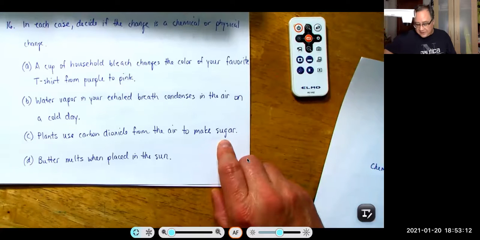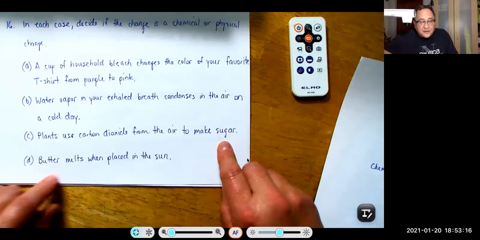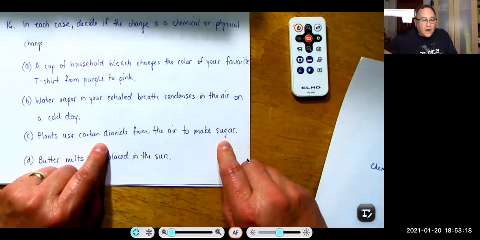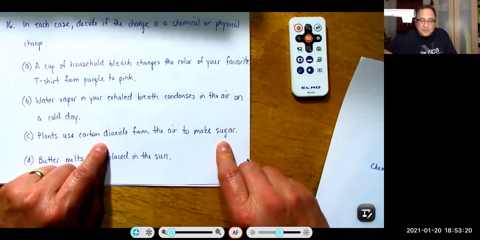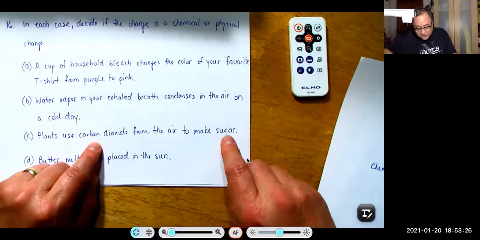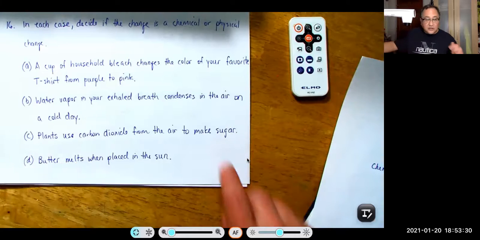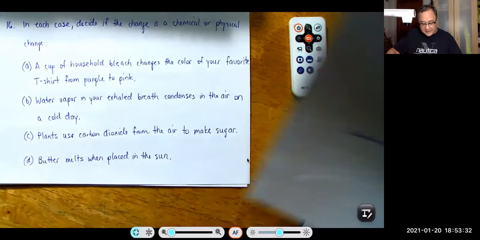A compound. Now, these compounds have different names. Why do you think that is? And the answer is simple, because they have different formulas. So CO2 turns into sugar. This is a chemical change. If we actually look at the formulas, it looks like this.